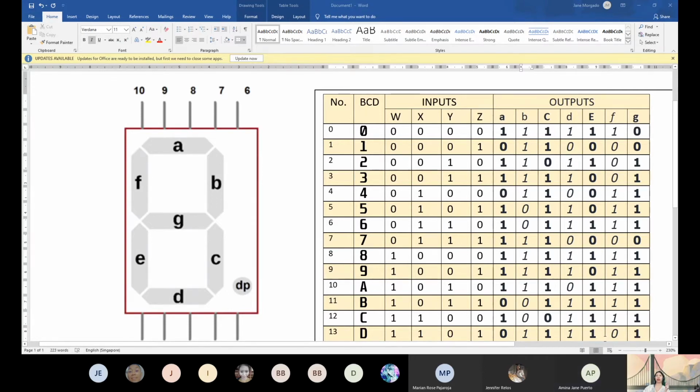Okay, so imagine an LED, instead of being circular, in the shape of a triangle, and then you arrange the LEDs in a figure of 8. So that is the 7 segment.